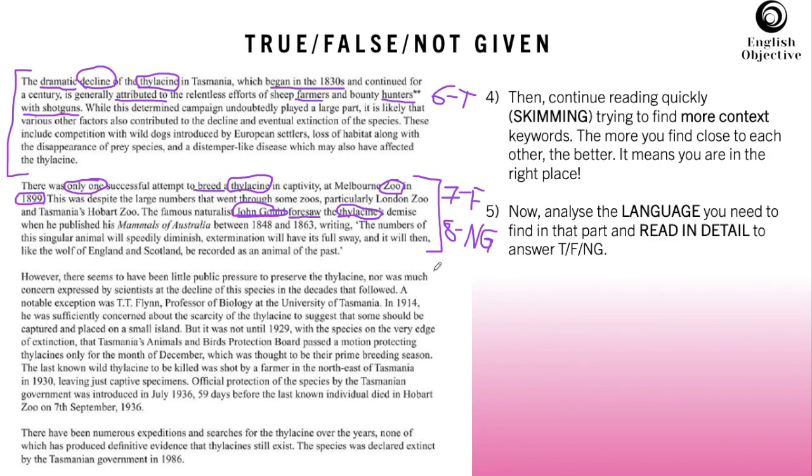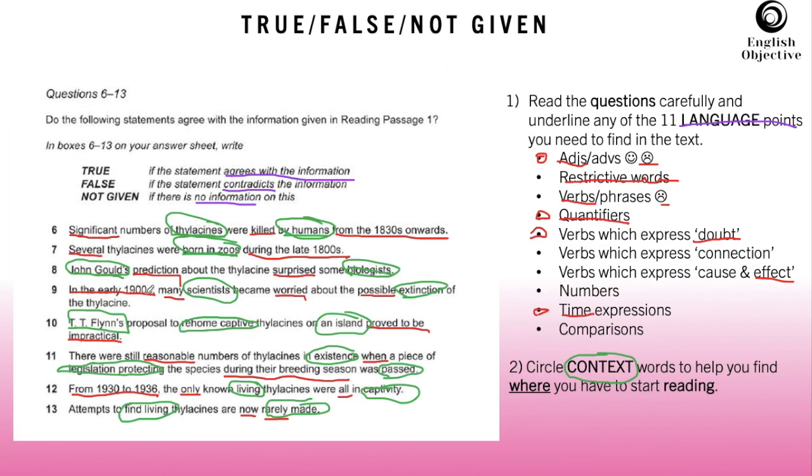Therefore, not given. Let's go back to 9. I have a time expression, in this case 1900s. Then I do have a quantifier, speaking about scientists, a negative adjective, a word about speculation, doubt, and then a negative word, extension.